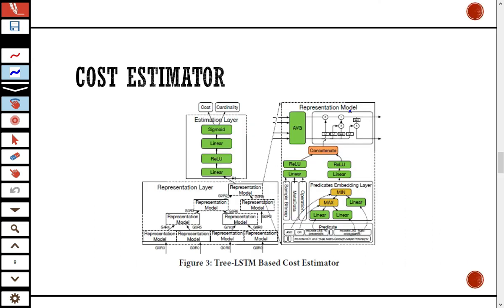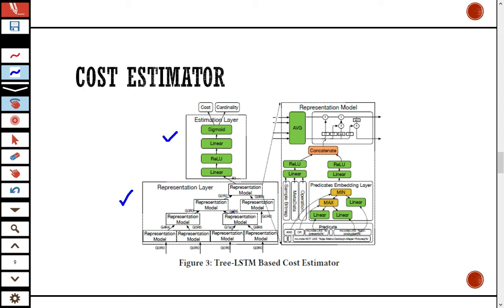Next is the cost estimator. The cost estimator has two layers. The first one is the estimation layer, and the second one is the representation layer. The representation layer is made out of tree LSTM, or the long short-term memory.